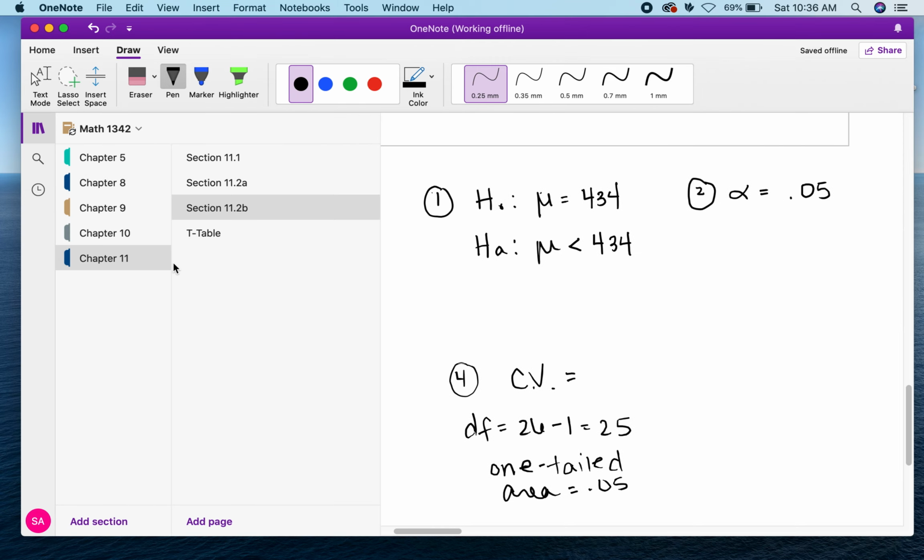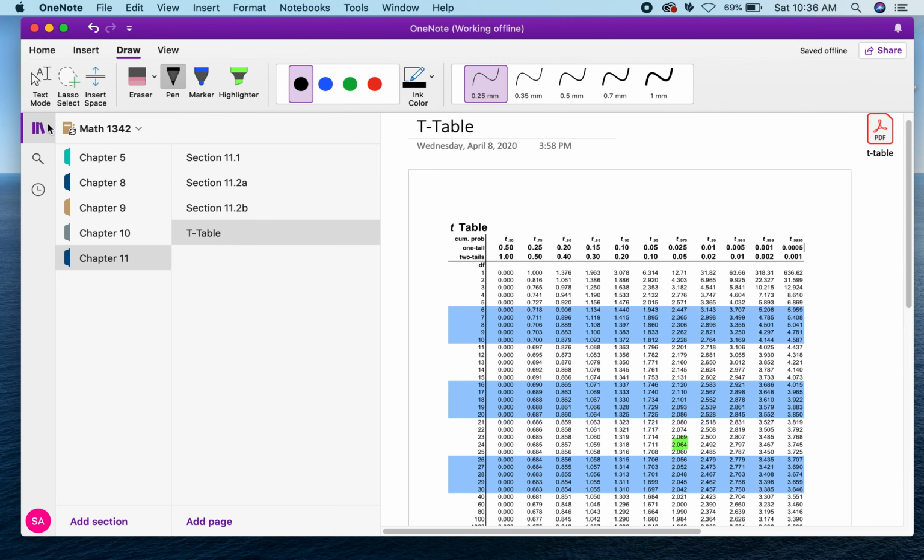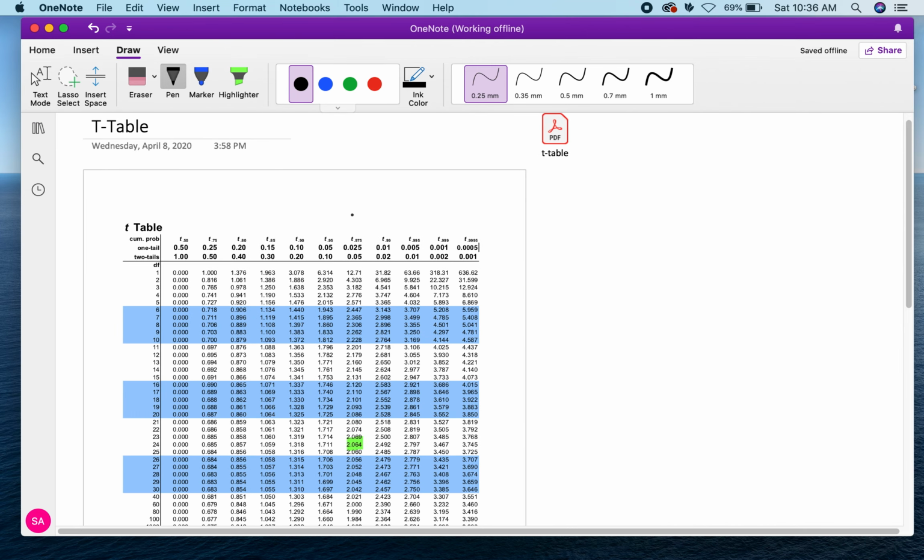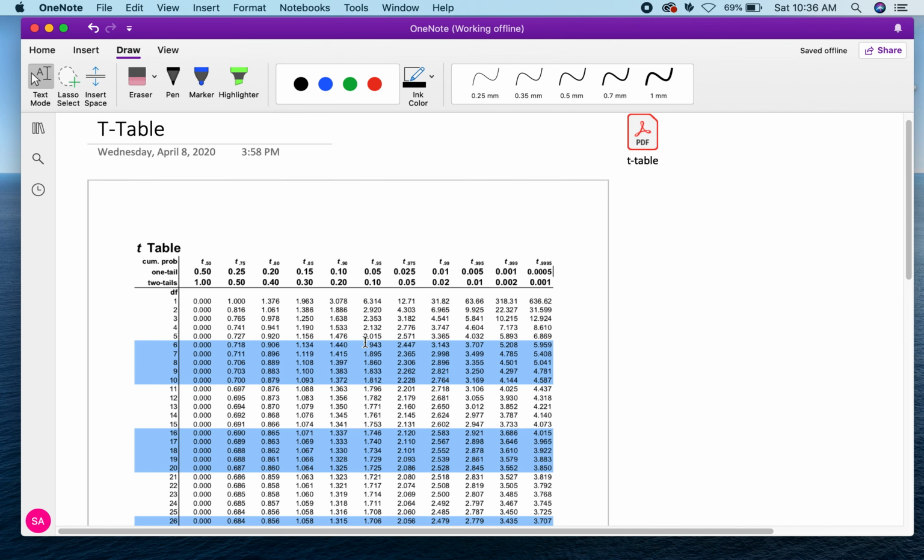All right, so we're going to pop over to our t-table. In Hawks, you would select the one-tailed area t-table. Erase the information from the last problem. Okay, so now I'm going to look at this one tail row, and look for 0.05, which is right here.